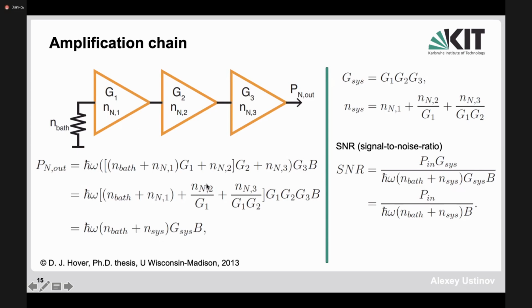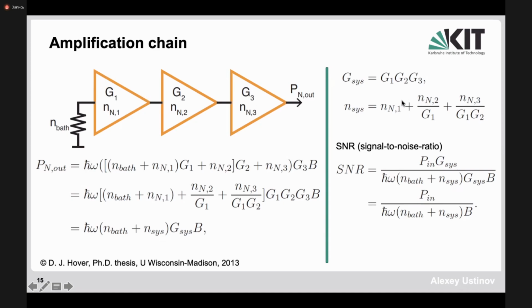If you go through this calculation, you can easily see that the total gain of the system is given by the product of the gains of the 3 amplifiers. So this is power gain G1 times G2 times G3. This is the gain of the system. While the number of noise photons added to the signal is most crucial for the first amplifier.